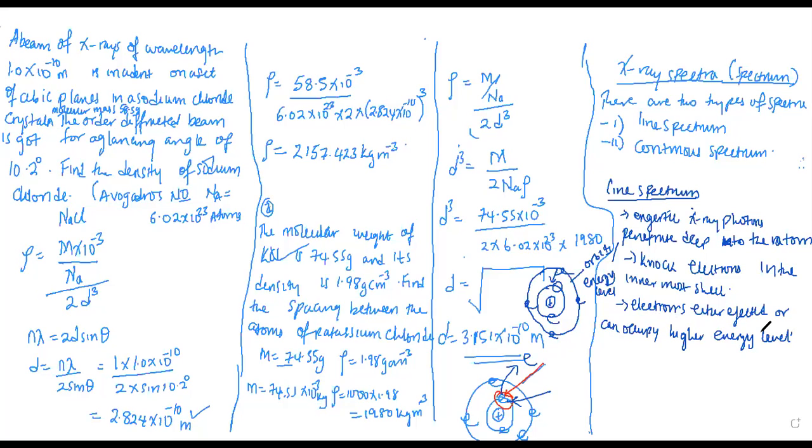Remember, I've said that if this is an X-ray beam, this beam has photons, and these photons are what make the beam. But this single photon has penetrated so deep into the atom, to the innermost shell, and knocked out an electron.